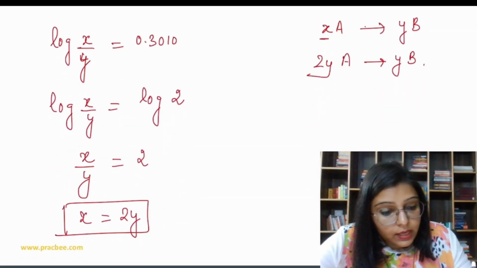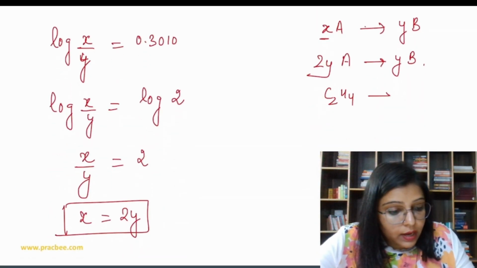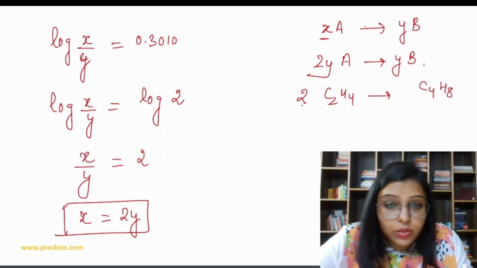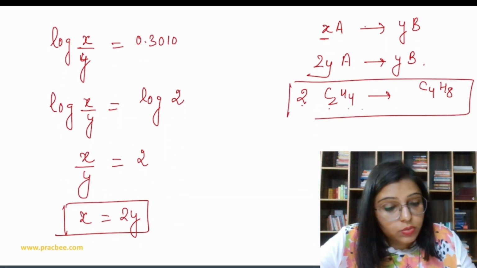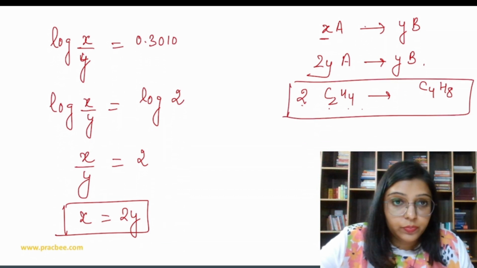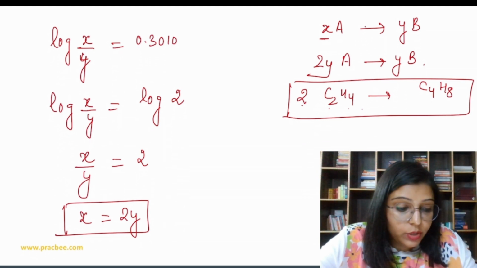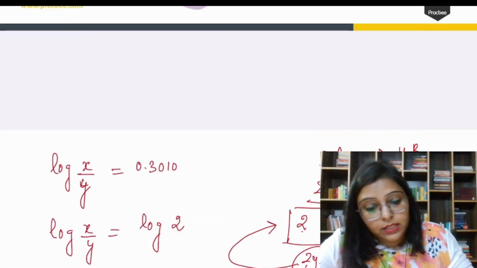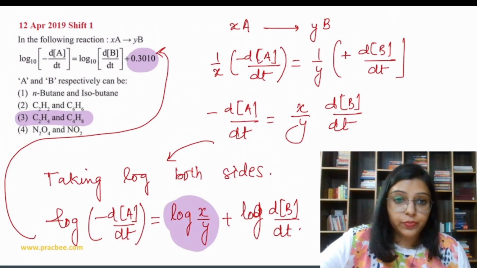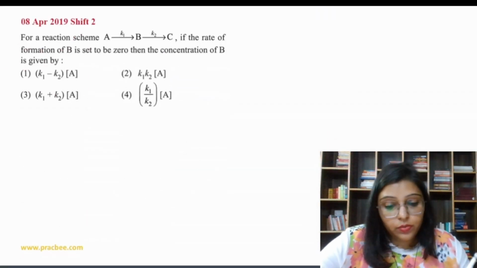If A is C2H4 and this is C4H8, this is 2 times, no? 2 times C2H4 is equal to C4H8. It means that is going to be the correct option. If y is equal to 1, then 2y is equal to 2. So option number 3 is the correct option. Okay, now let's do the next question.